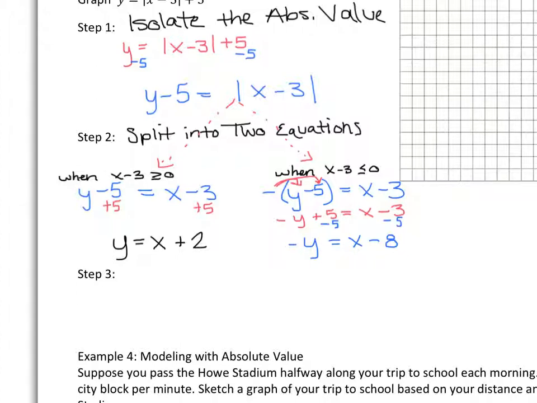Yeah, perfect. So we're going to multiply both sides by -1. But remember, we're multiplying the entire side, so get parentheses. So we'll have positive y, which is what we wanted. And then we'll have negative x plus 8 from when we distributed that -1 in.